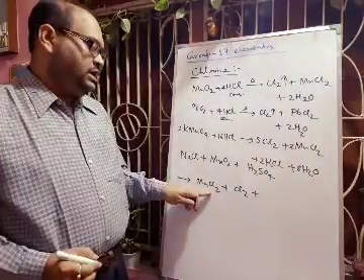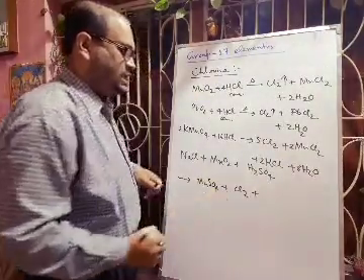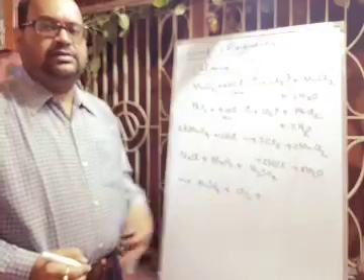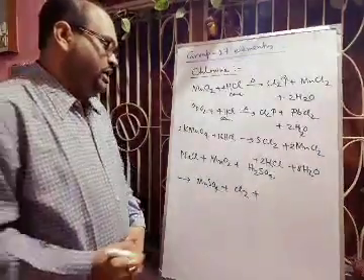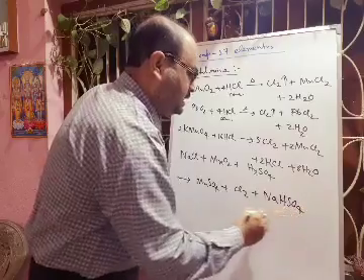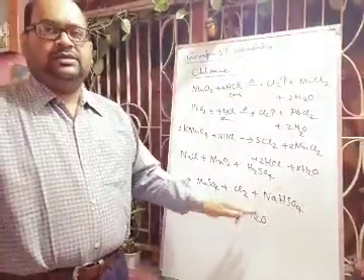Manganese chloride you will not get, I think manganese sulfate you will get, manganese sulfate plus chlorine gas, then you will get sodium bisulfate, NaHSO4, plus there will be formation of water. Those products you have to remember.